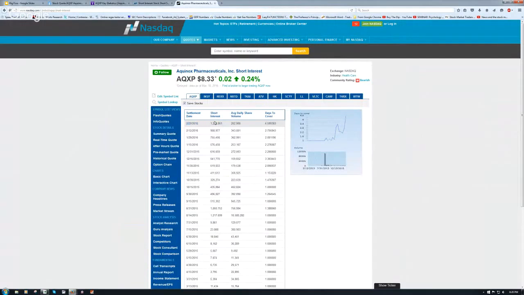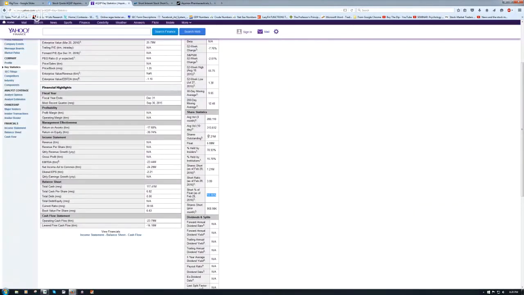So what you can do is take that short interest, in this case 1.206 million shares, and divide it by the float or the shares outstanding. I guess it depends on whether they're using the shares outstanding or the float to do their calculation for short interest. I would personally use float because the shares outstanding could be much higher than the float. Some of these shares might not be able to be traded, so you want to only pay attention to the stuff that can be traded by the average Joe.